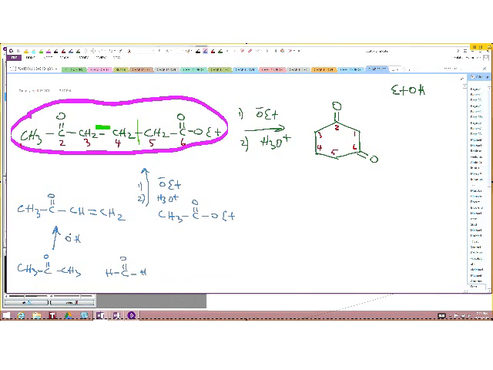Here you are using an Aldol condensation, to give this, and from here to here, you are using Michael addition. And from here to here, we are using what?